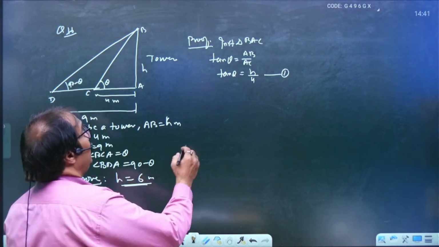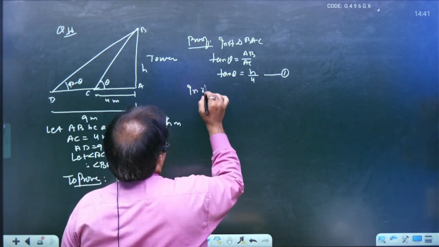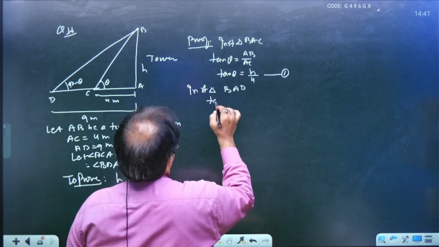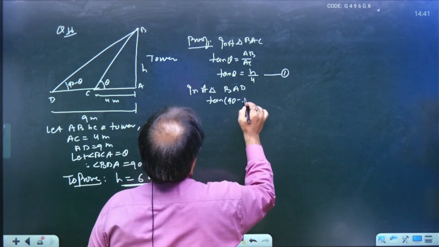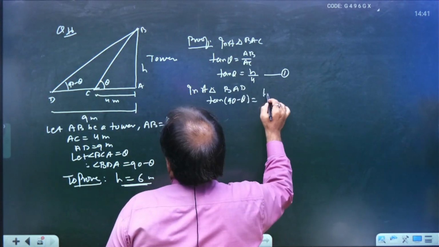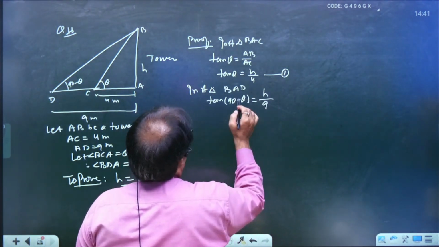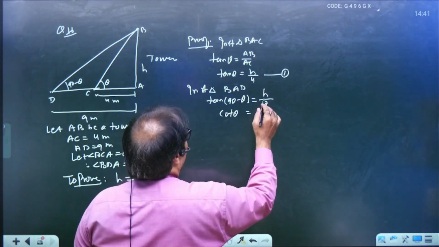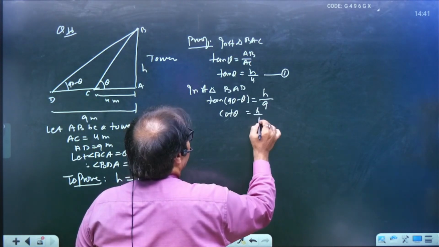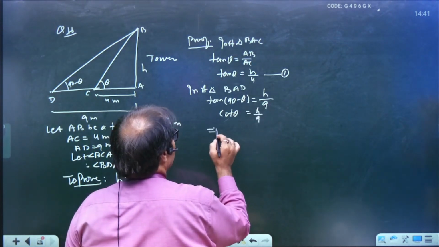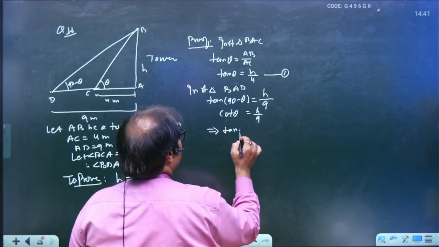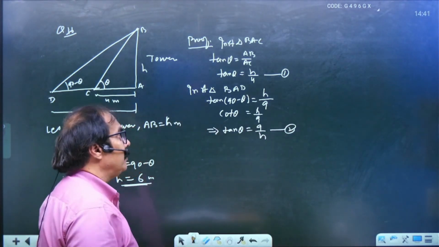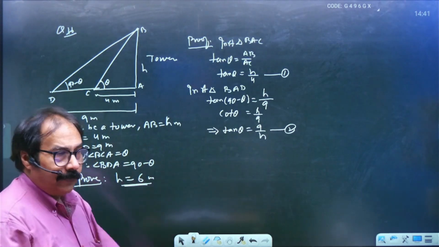And now in right triangle BAD, tangent 90 minus theta is equal to h upon 9, and tan 90 minus theta is equal to cot theta, and cot theta is equal to h by 9. So this implies that the value of tan theta is equal to 9 by h. Am I right? Because cot is the reciprocal of tan.